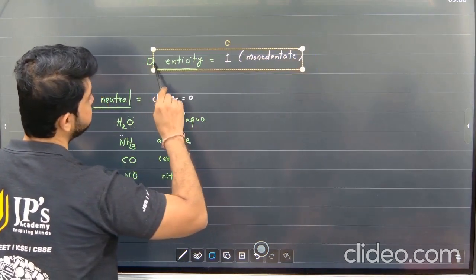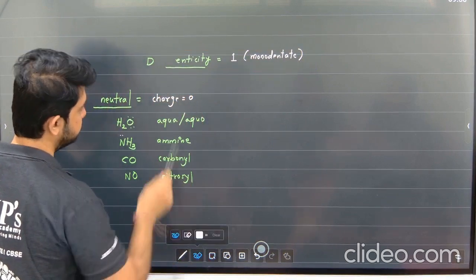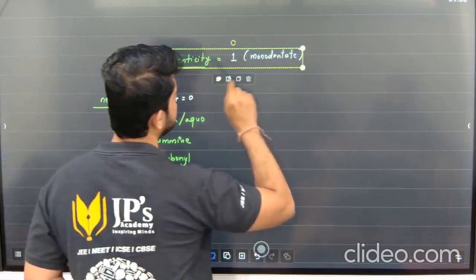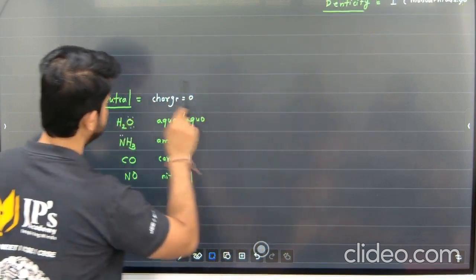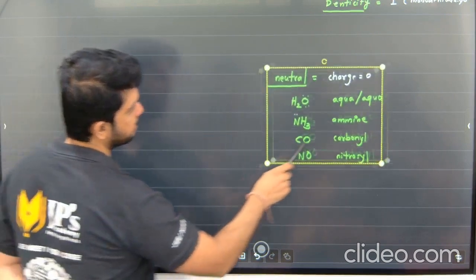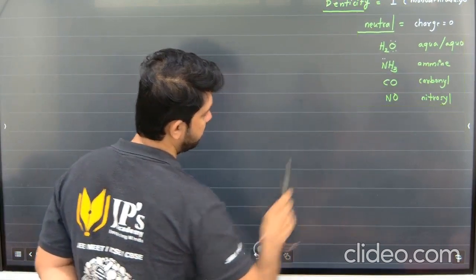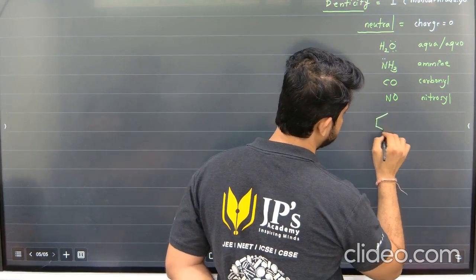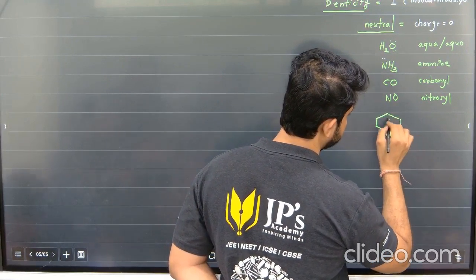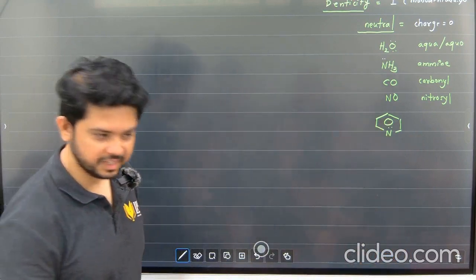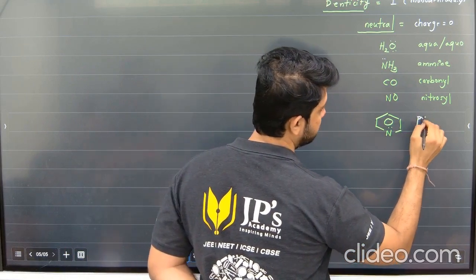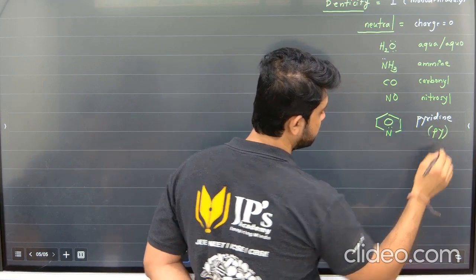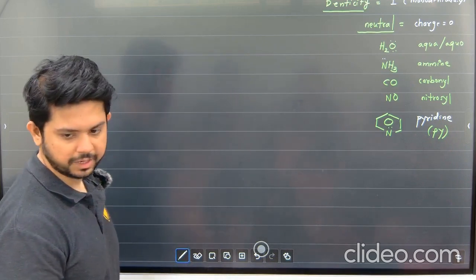After nitrosyl, anyone? Pyridine, also written as py.